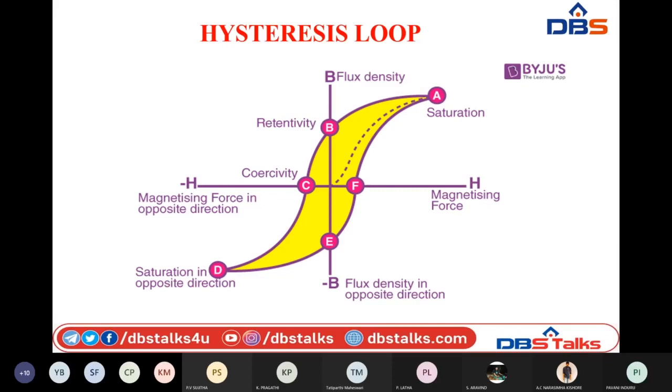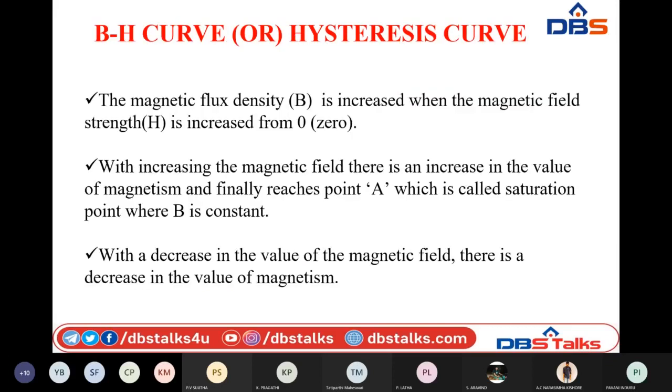In order to make it 0, we need to reduce the magnetizing force once again. This kind of process will repeat for ferromagnetic materials, which is known as the hysteresis loop. Here you can observe the overall process. The flux density B increases whenever the magnetic field strength is increased from 0.